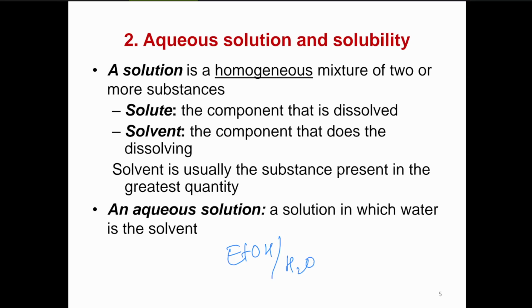For the alcohol you drink, the maximum percentage of ethanol is about 42%. So ethanol is the solute, and water with more than 50% is the solvent.